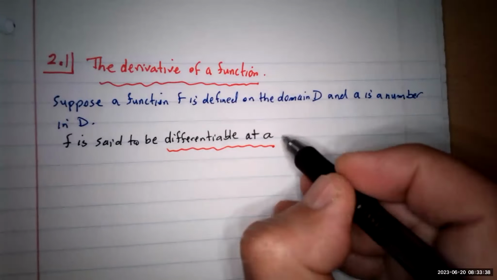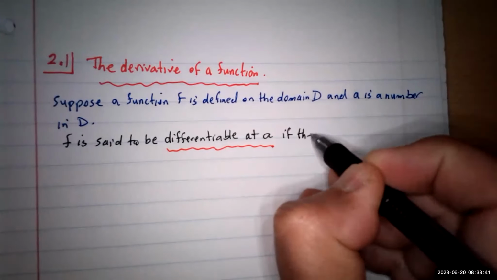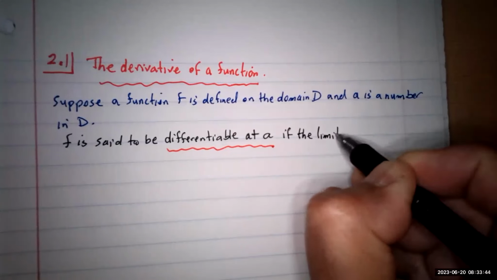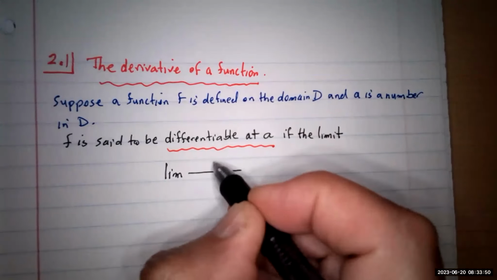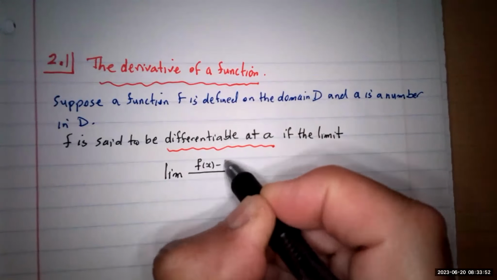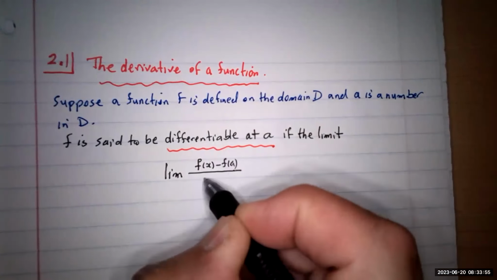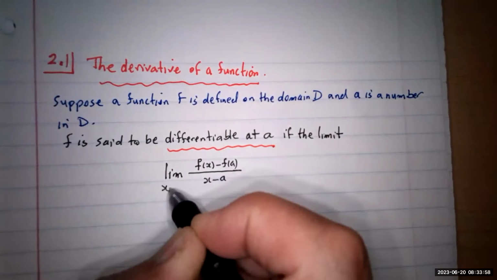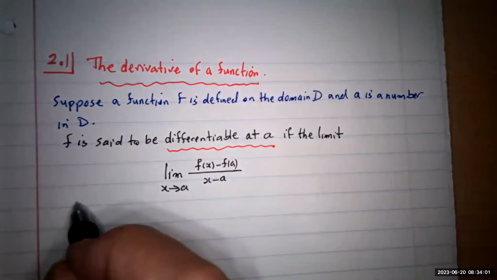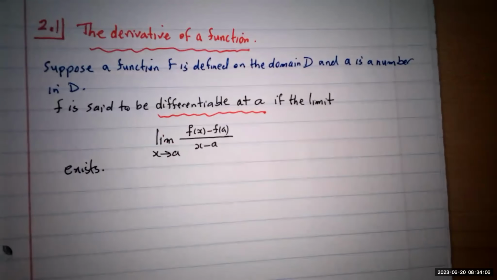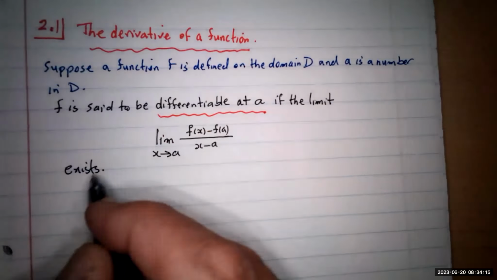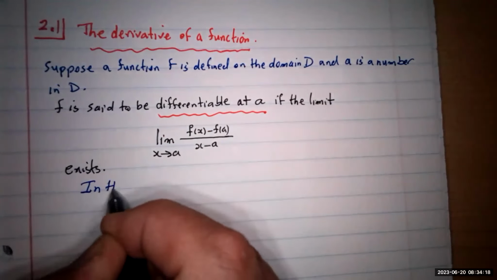Differentiable at a if this limit exists, the limit of the slope of a secant line, f of x minus f of a over x minus a, as x goes to a. If this limit exists, if the function is differentiable, the result of this limit is going to be called the derivative of the function. In this case it means you can find this limit.